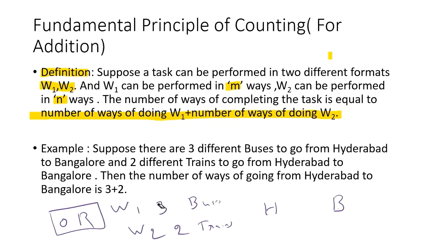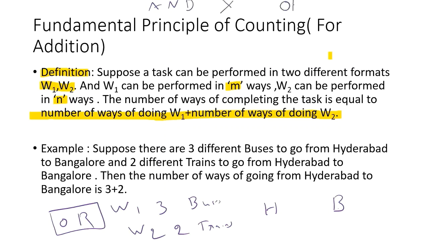In the fundamental principle of counting for multiplication, we are going to complete all the tasks. But here, in the fundamental principle of counting for addition, we are going to complete only one task, only one work. So here we will have addition. The important thing that you have to notice in this chapter is whenever AND comes, we have to perform multiplication.